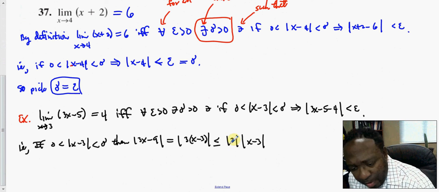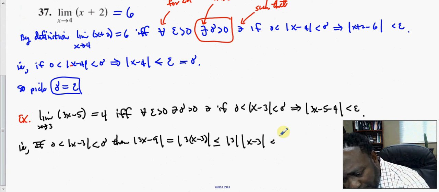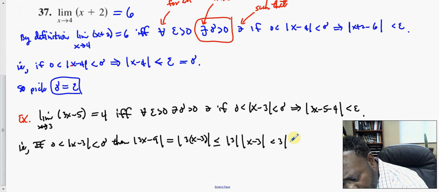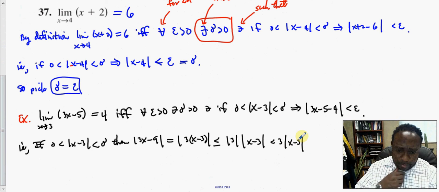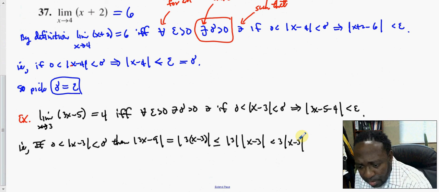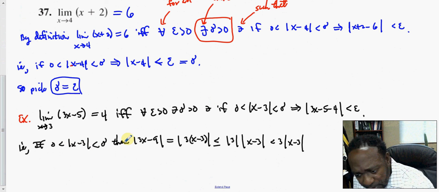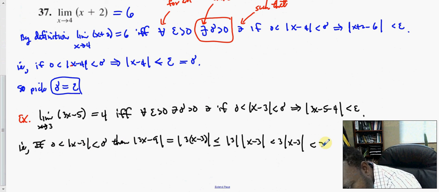Well, the absolute value of this 3 is 3, times the absolute value of x minus 3. And notice that the absolute value of x minus 3, from what is given, is less than delta. So this is less than 3 times delta.